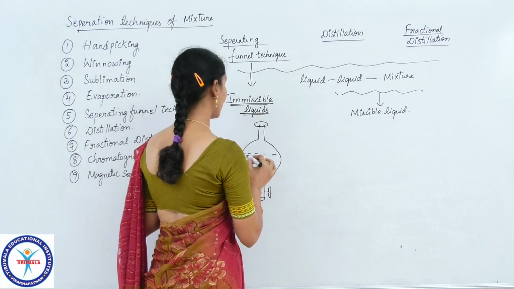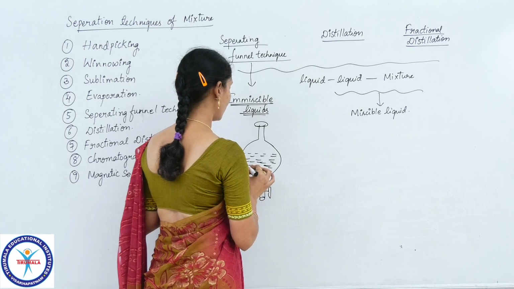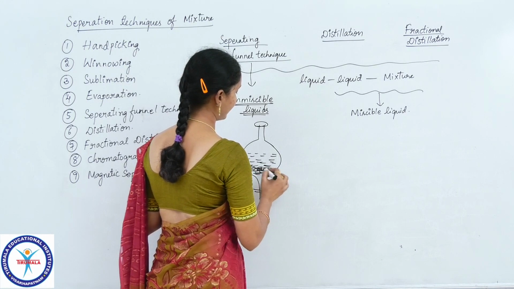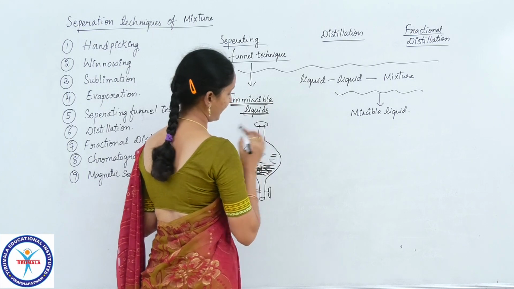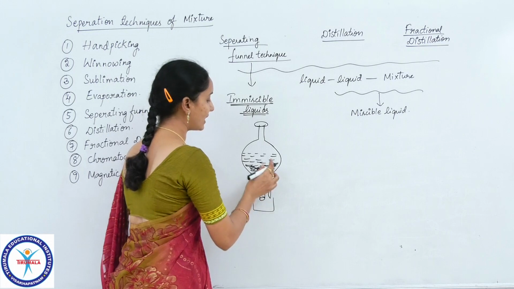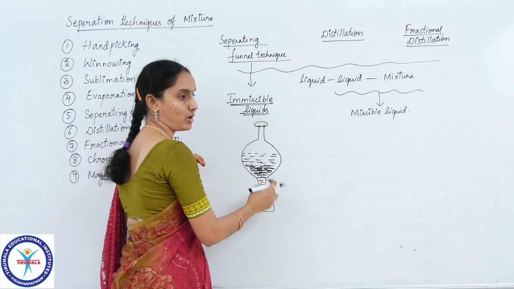So if you take two solutions like this, the two solutions which are immiscible with each other generally separate out like this into two layers. Now what you do is, first collect one of the liquids by opening the nozzle drop by drop.